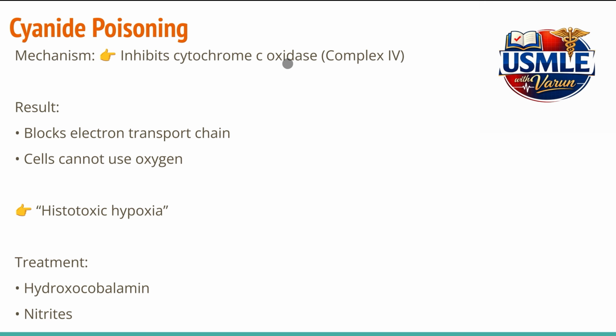It inhibits cytochrome C oxidase of complex 4 of the electron transport chain, and this leads to poisoning at the cellular level, where the cells cannot use oxygen, and this is also called histotoxic hypoxia. This is managed with drugs like hydroxycobalamin and nitrates, where hydroxycobalamin binds to cyanide to form a less toxic cobalamin, which is excreted by the kidneys.